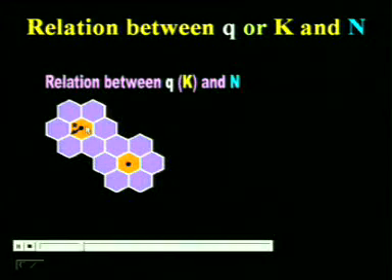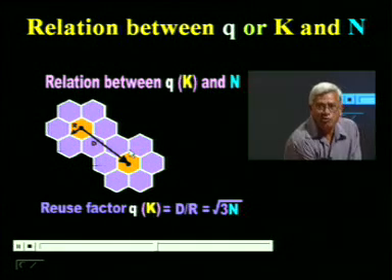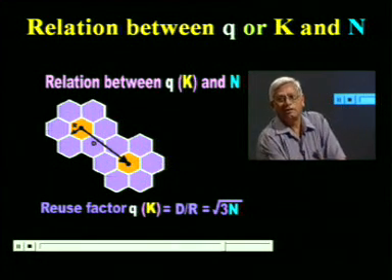See it again here. Where is R? This is the distance R, and this is the distance D. Our aim is to find out the D by R, that is root 3 n. This is also called a reuse factor.